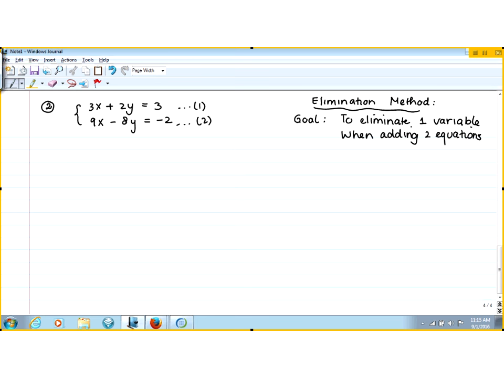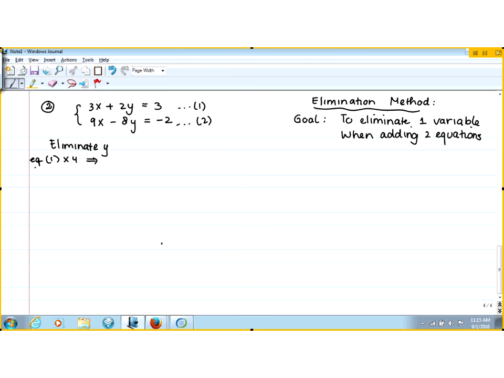So what are we doing? If we want to eliminate Y, what are we going to do? Yes, so we want the least common multiple, the LCM. Okay, so let's write it, we want to eliminate Y. And what do you do to equation 1?